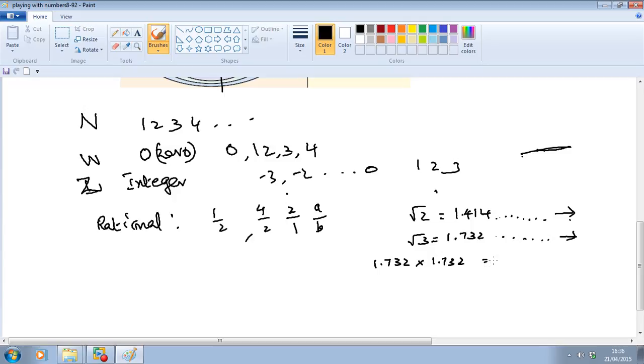No, you will not get exactly 3. You will get 2.99999 something like this. Multiply and see. Some more numbers are there after this also. It is very nearly equal to 3, but exact 3 you will not get. That is why it's called irrational.